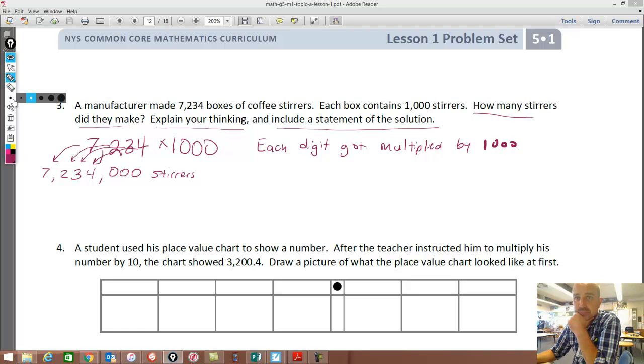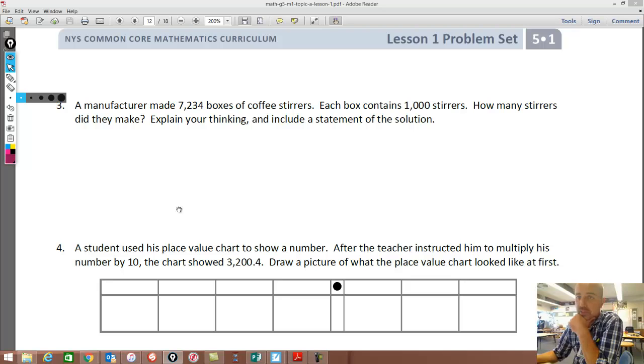And you should go on to explain that my 4 boxes had 1,000 stirrers in each box, so now my 4 became 4,000, and my 30 became 30,000, and my 200 became 200,000, and my 7,000 became 7 million. It's great to be really thorough on explaining yourself on these things.